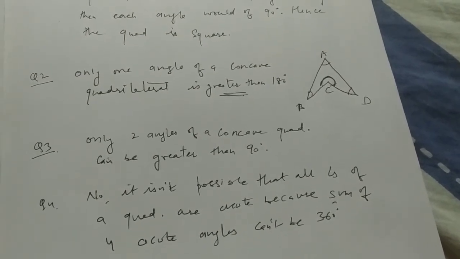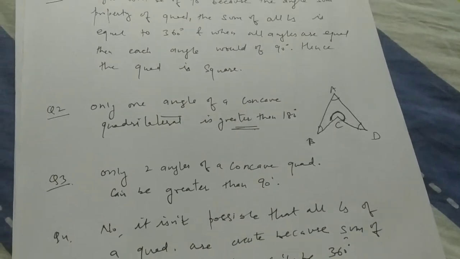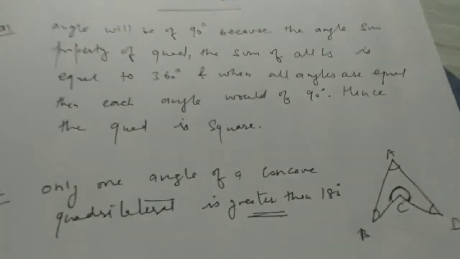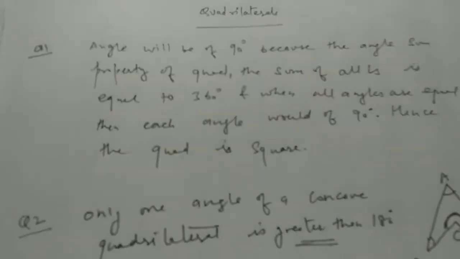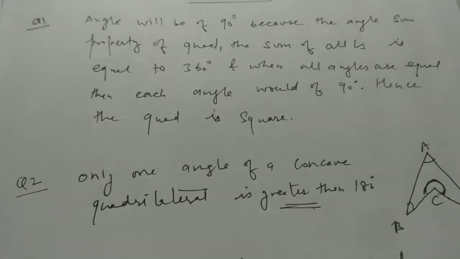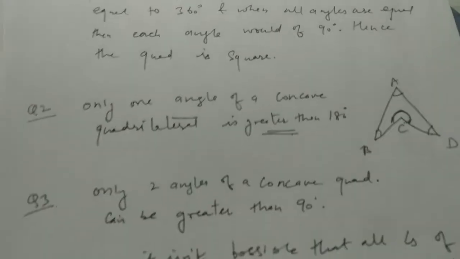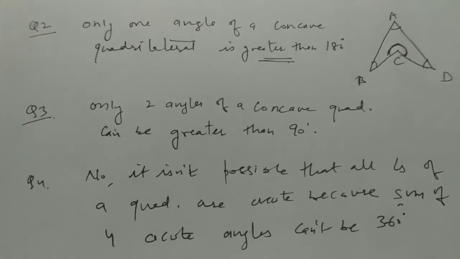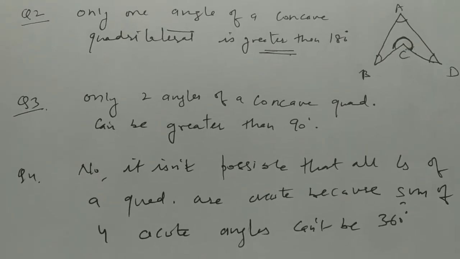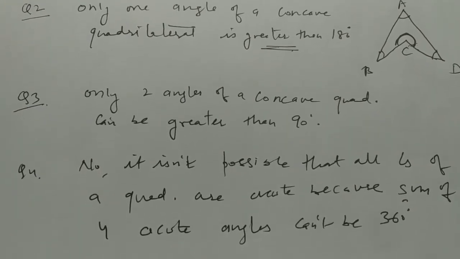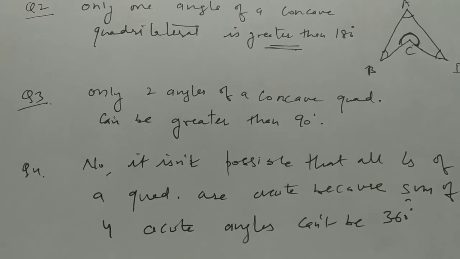Hope question number 1 to 4 are clear. Have a full glance of question number 1, then 2, then 3, then 4. Now come to the question number 5, which says find the maximum number of angles in a quadrilateral that can be obtuse.